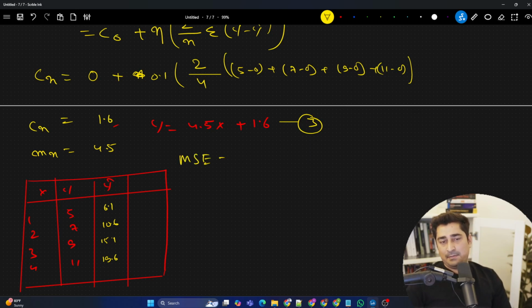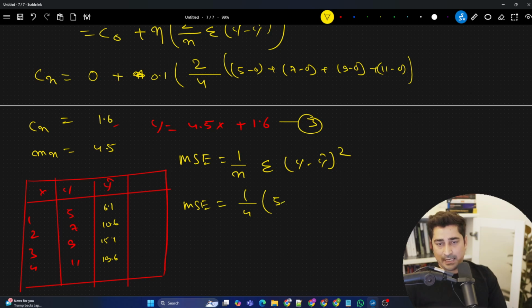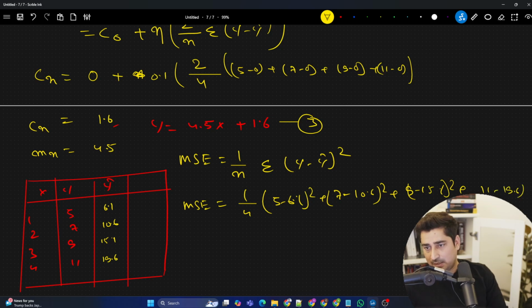Now give me MSE. MSE is nothing but 1 by n summation of (y minus y hat) squared. So now we have y, we have a new y hat, new prediction, right? Now give me what is the MSE value. So basically it's nothing but 1 by n, which is 1 by 4, summation of y minus y hat: (5 minus 6.1) squared plus (7 minus 10.6) squared plus (9 minus 15.1) squared plus (11 minus 19.6) squared.